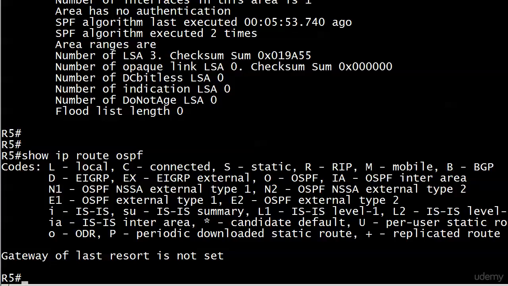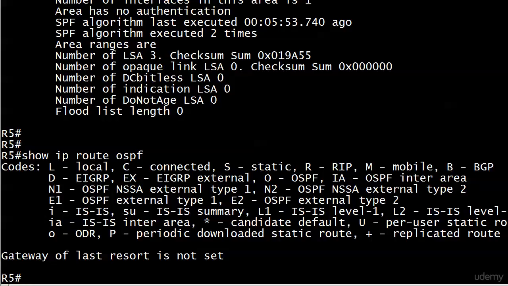At this point in our network, OSPF hasn't actually discovered any routes for router 5, because router 5 is directly connected to its own loopback. Router 5 is directly connected to the 10.1.1.0 network, and we didn't put router 1's loopback in OSPF. So that's why the OSPF routing table is empty right now, even though we have it running and everything's fine with the actual operation of the protocol. The reason we don't see any routes here is that OSPF hasn't discovered any from R5's point of view.